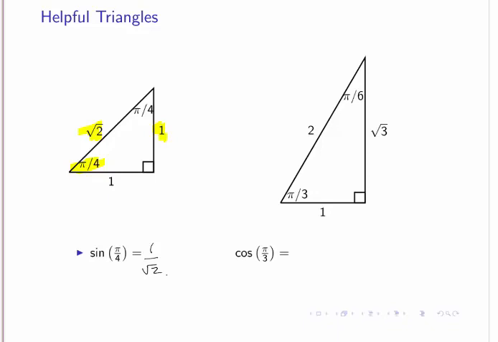Using the triangle on the right, if we wanted to look at, say, the cosine of pi over 3, then we choose pi over 3, and the cosine would be the adjacent over the hypotenuse. We write that as 1 over 2, or a half.